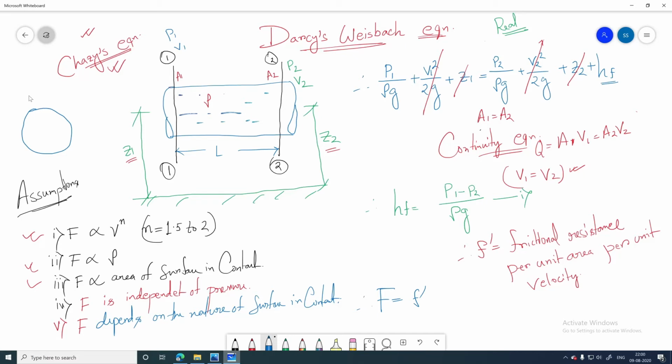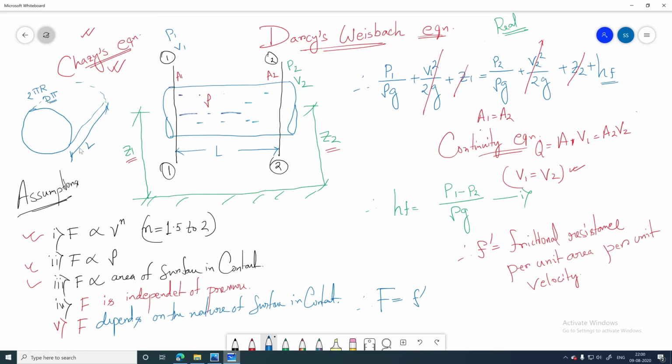It is 2 pi r, or rather you can write pi d, because 2r equals d, the diameter. If you multiply with the length of the pipe, L, what will be the total surface area inside the pipe?